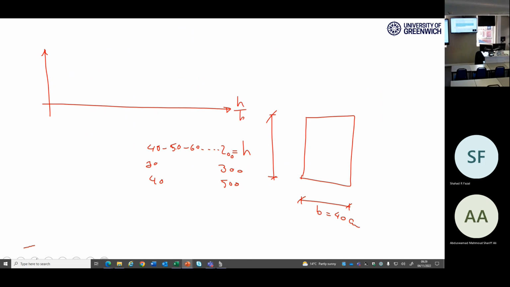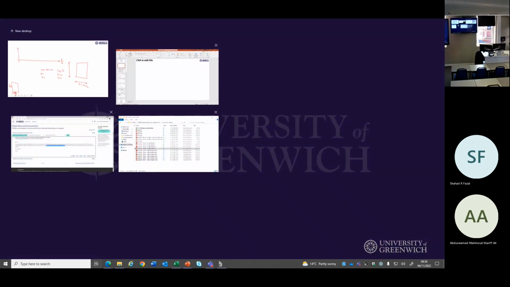The x-axis is H over B. You have assumed different values for H, so you have different values for H over B. For example, if you take one case, this is 30 centimeter, 40 centimeter, and this is 80 centimeter. B, this is H.